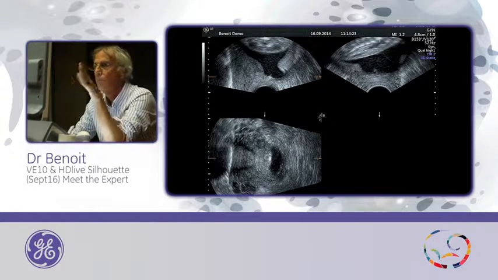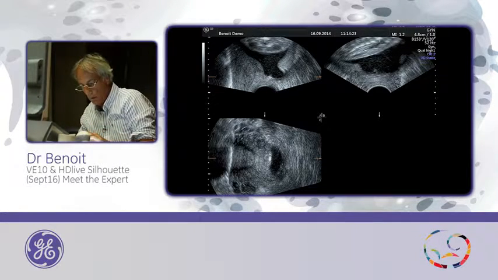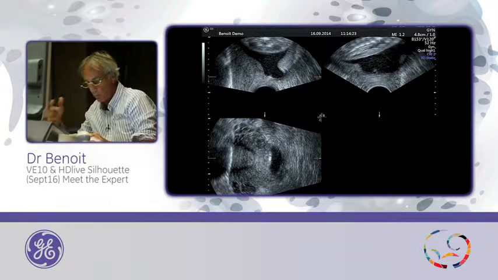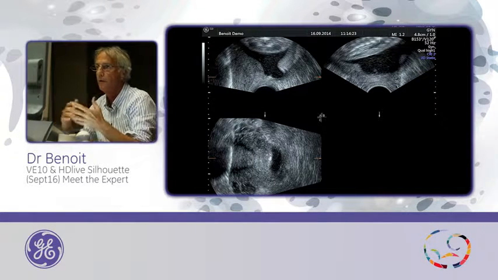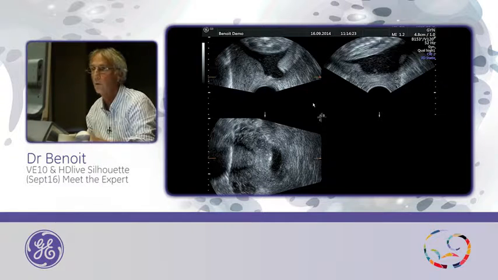What is this? This is a scar of a previous cesarean section, and it's difficult to know exactly what is the shape of this. You can see here, and this is a sagittal view. This is a cervix. So what we will do, we will put the green line here.